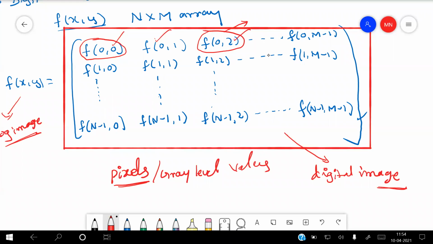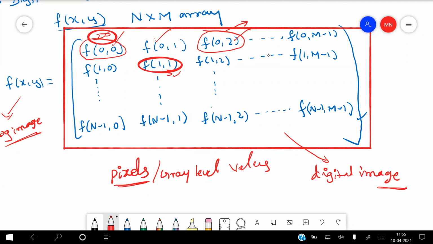F of x comma y value is, suppose, 20. The pixel value is 20. Now this value is, say, 5. This is called the pixel value 5, because we have evaluated, that is, discretized and digitized.